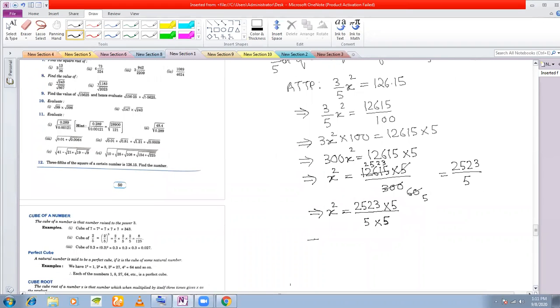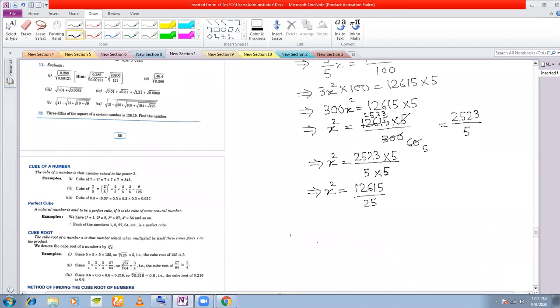Now let's see what happens. X square is equal to, now 2523 into 5 is 12615, divided by 25.